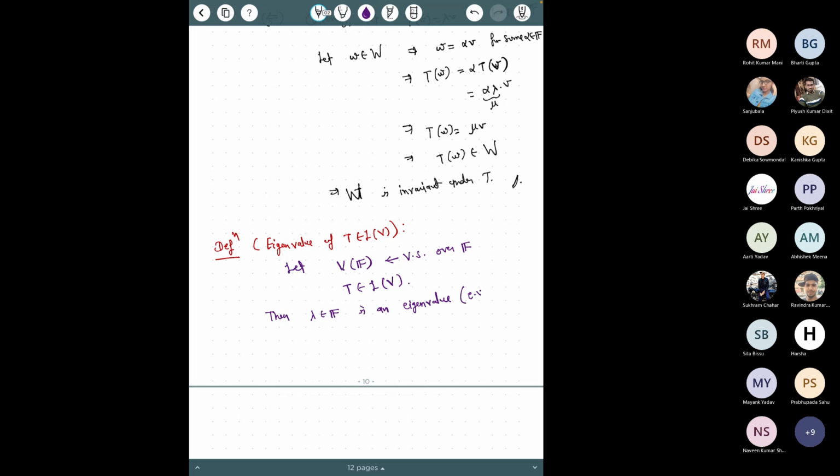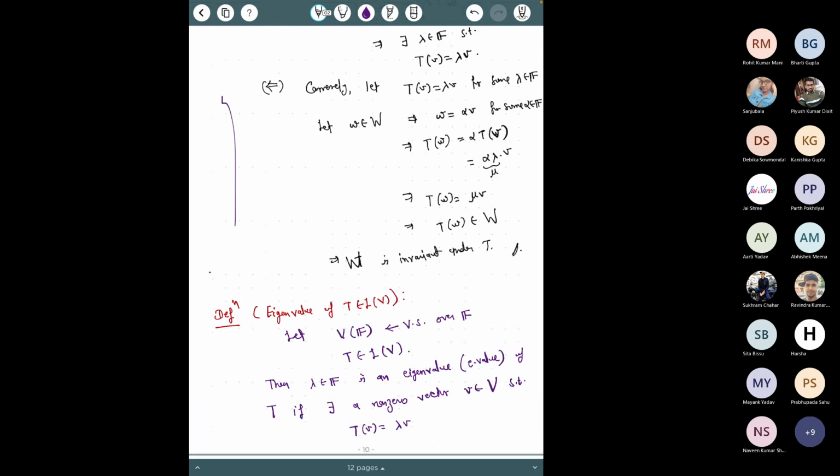For eigenvalue, I may use this abbreviation. Lambda is an eigenvalue of T if there exists a non-zero vector, let's say v in V, such that T of v is equal to lambda times v.